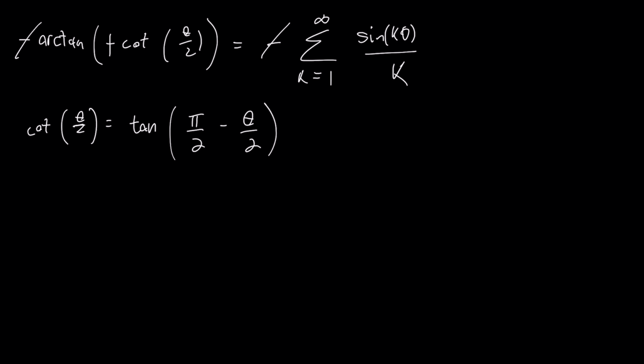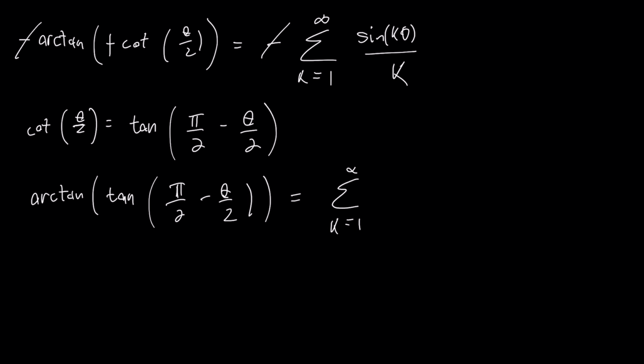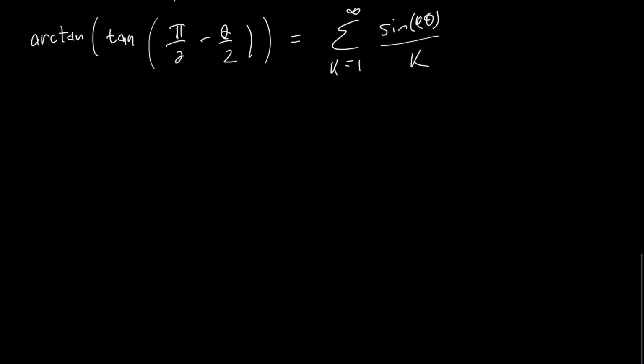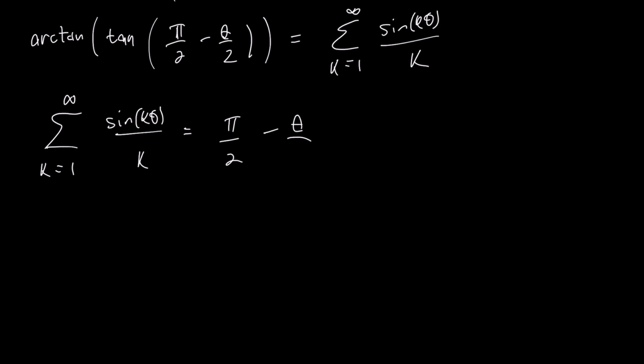So we're going to have the arctangent of the tangent of pi over 2 minus theta over 2 equals the sum from 1 to infinity sine of k theta over k, and those end up canceling, so we have now the sum from 1 to infinity sine k theta over k is equal to pi over 2 minus theta over 2.